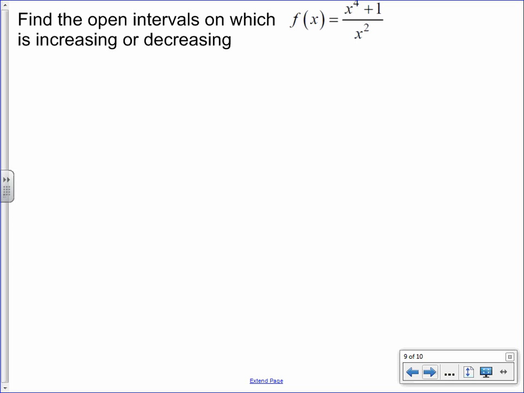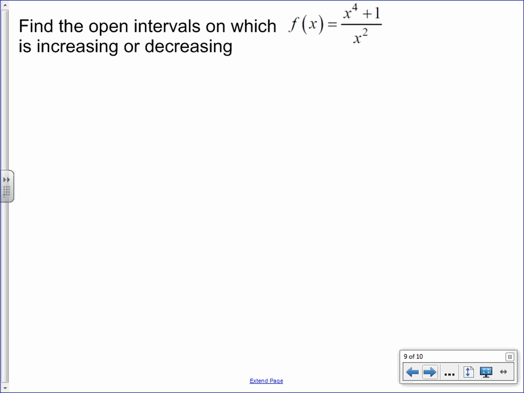I want you to find me the derivative. Alright.